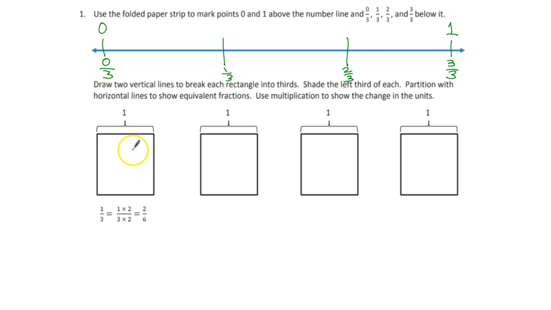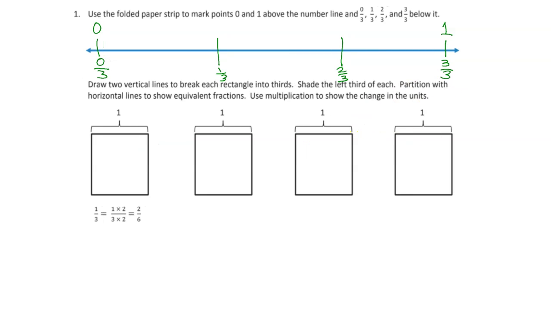Second part here asks us to draw 2 vertical lines to break each rectangle into thirds. So let's go ahead and do that first. I'm going to use my vertical line tool. We're going to make 2 vertical lines on each rectangle to split each one into thirds. Alright, so now we can see each rectangle is split into thirds.